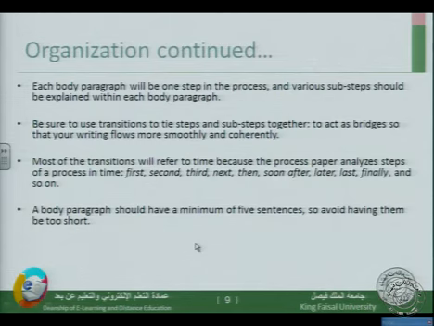Be sure to use the transitions to tie, what does tie mean? To connect, to tie steps and sub-steps together, to act as bridges so that your writing flows more smoothly and coherently. Do you know the word coherent, what does it mean? From coherence, to flow smoothly and coherently.